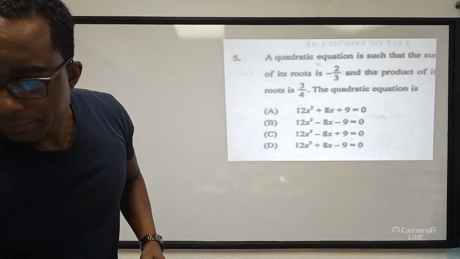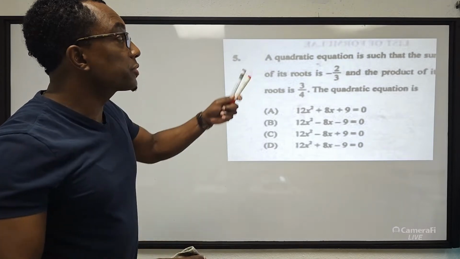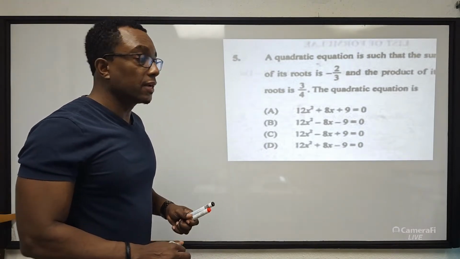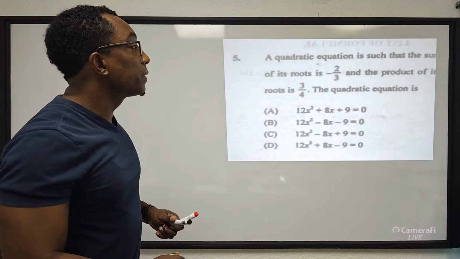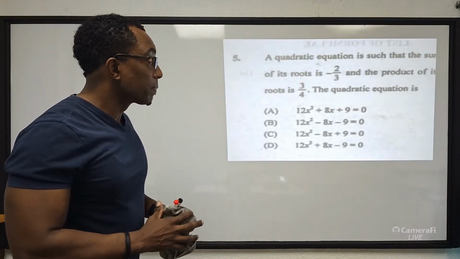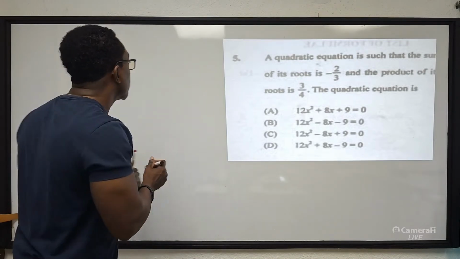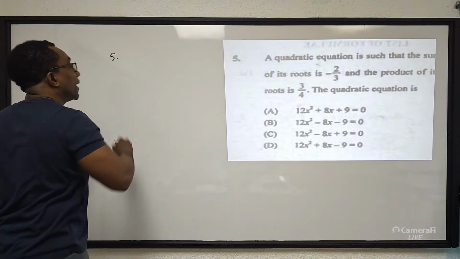So the quadratic equation is such that the sum of its roots is negative 2/3 and the product of its roots is 3/4. When we deal with roots, we're talking about sum of roots and product of roots. This will fall under roots involving alpha and beta.